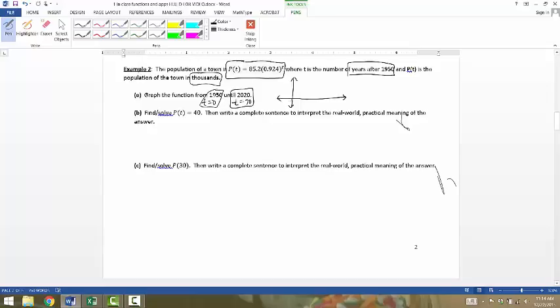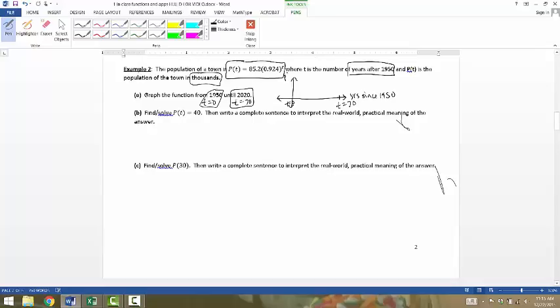So when you graph it, you should be going from a low of t equals 0, that'd be right at the y-axis, up to a high of t equals 70. That will be years since 1950.